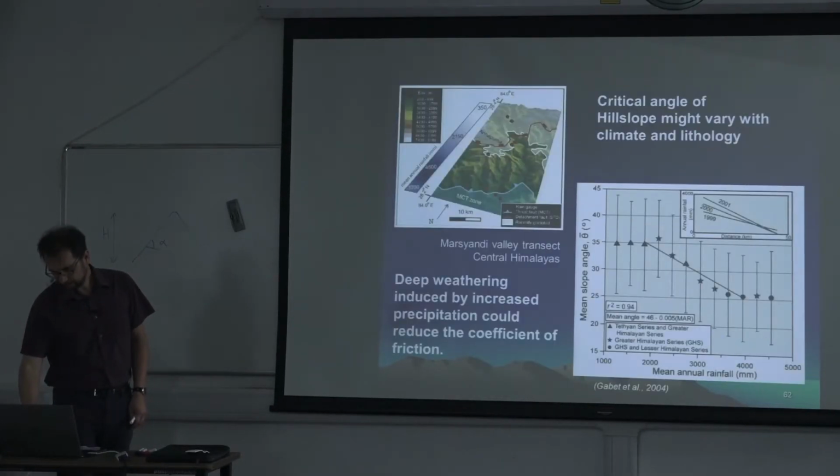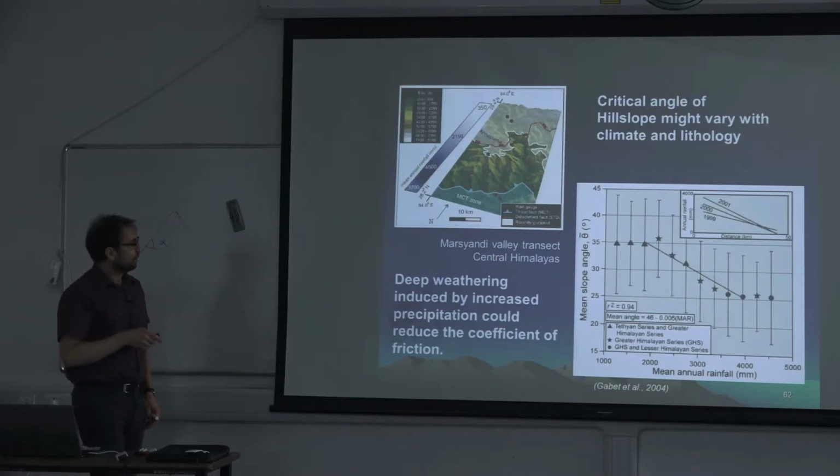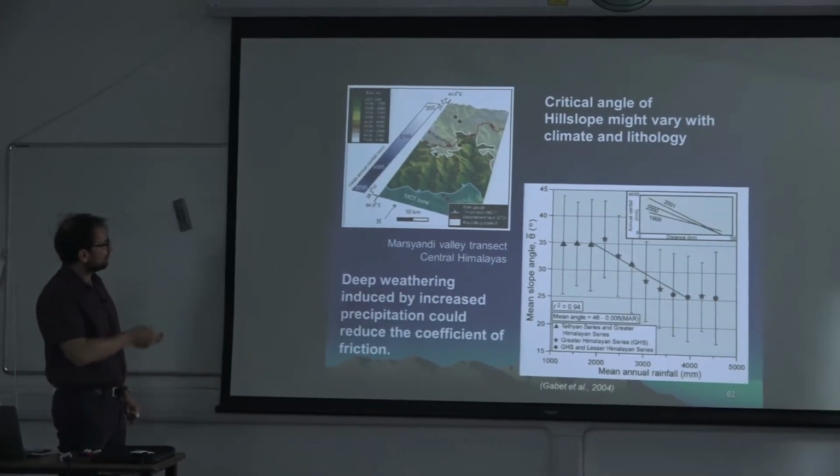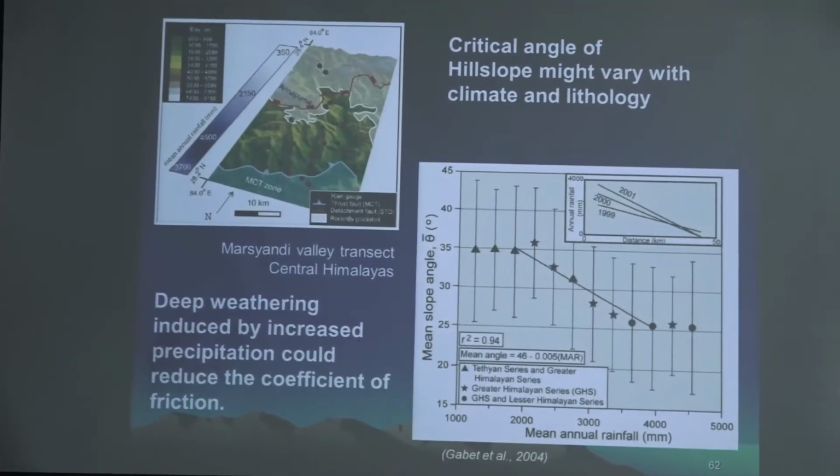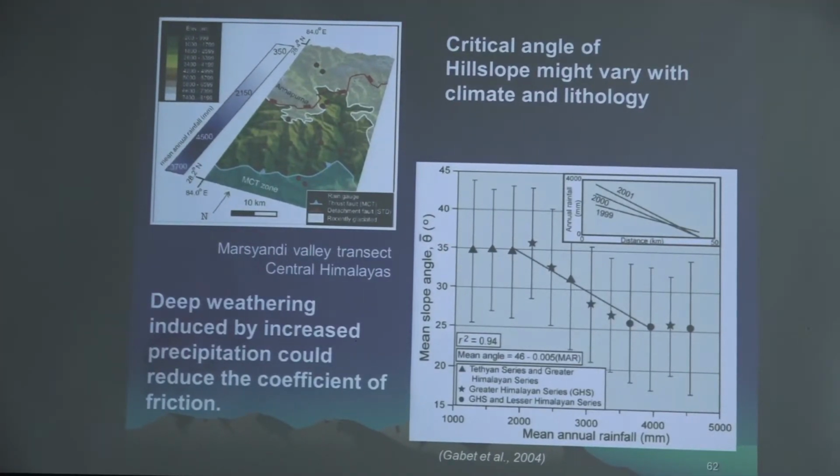So this common feature of a single maximum slope angle is not observed everywhere. For example, in this study in the Himalaya, it was observed that if you go north of the range, the Himalayan range, or south, then the maximum and even the mean slope angle are not the same.